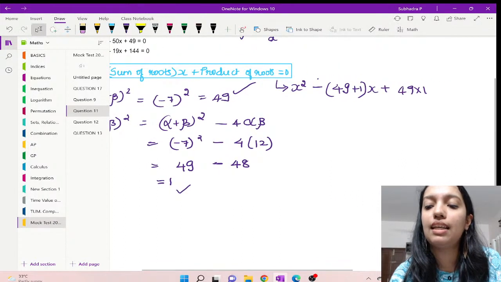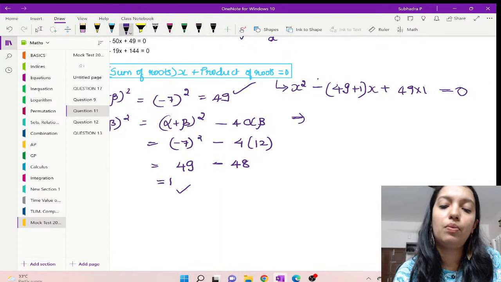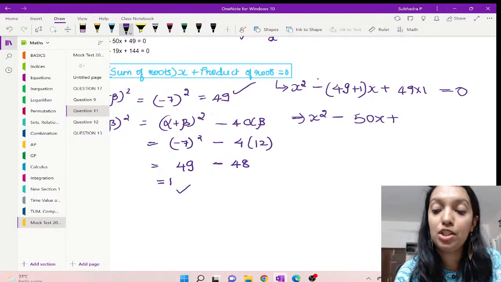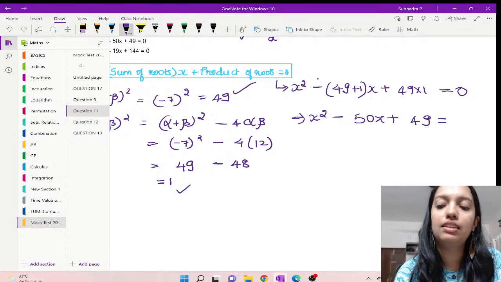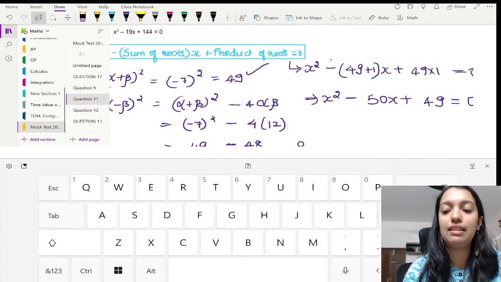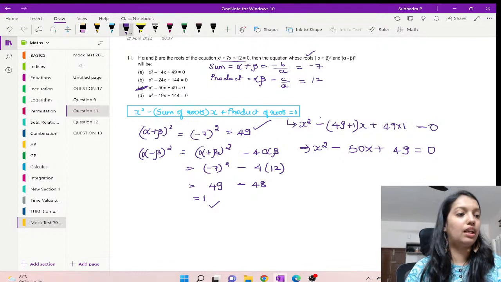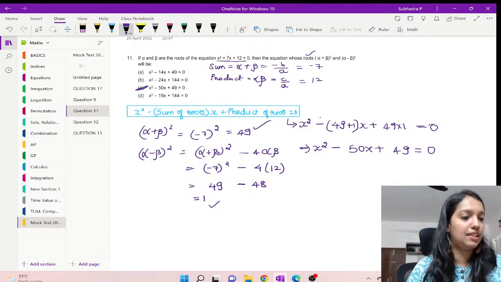Now this is equal to 0. This is my equation. So my final equation will be x square minus 49 plus 1 is 50x plus 49 into 1 is 49. This is equal to 0. So do we have this in our options? Yes, we have. Option C. The correct answer for this question is option C.